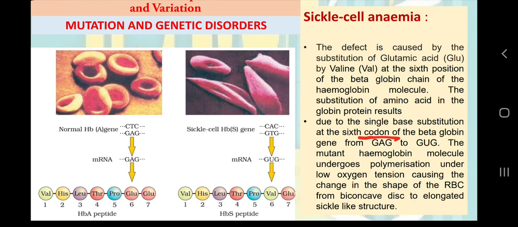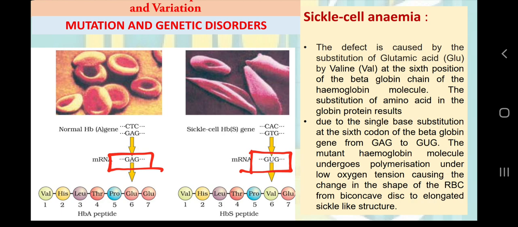We will talk more about codons in our upcoming chapters. So the 6th codon of the beta globin gene changes from GAG to GUG, which you can see in the RNA, because we can notice U or uracil only in RNA, not in DNA. So GAG to GUG.